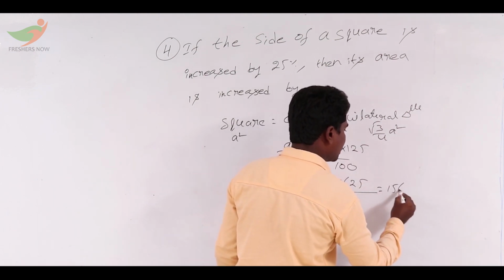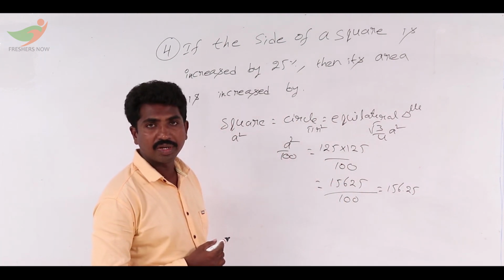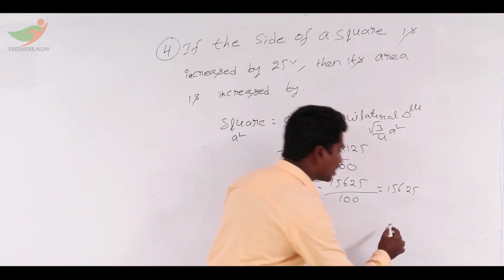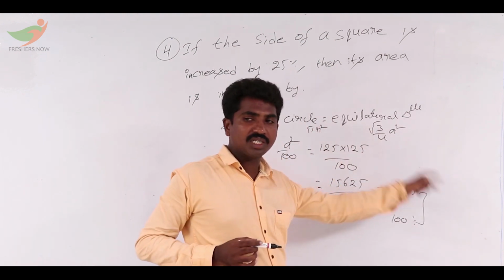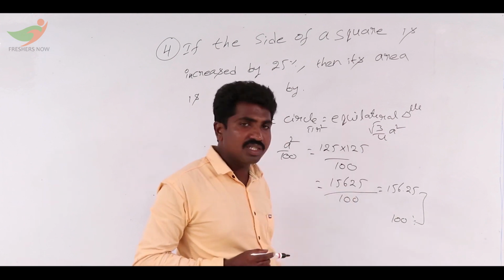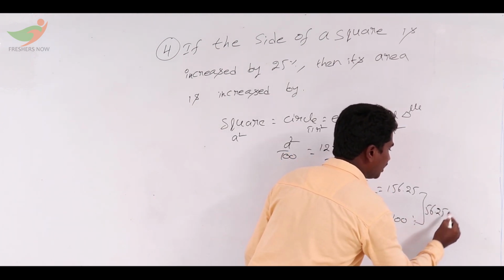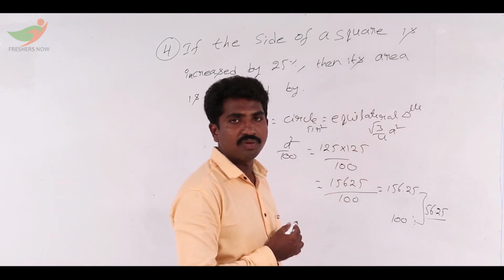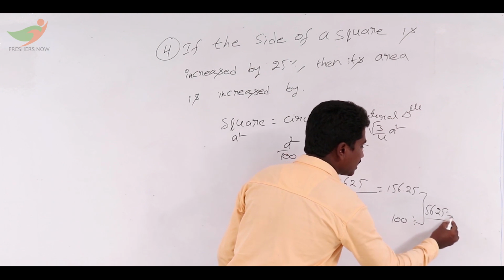Here 156.25. Initially we take the area as 100%. But after the change it is 156.25. Here the difference in the percentage value is 56.25 increased. So we can say 56.25% increased.